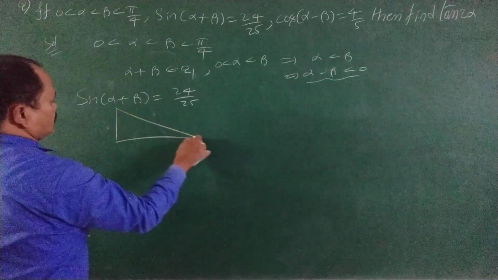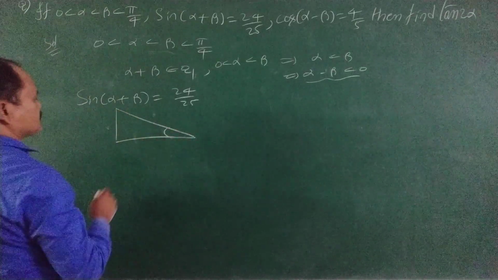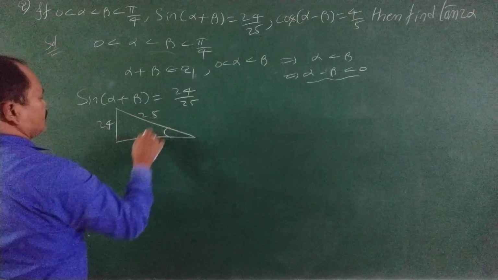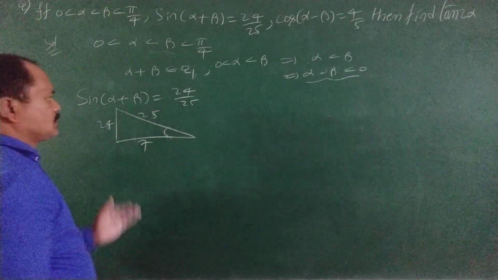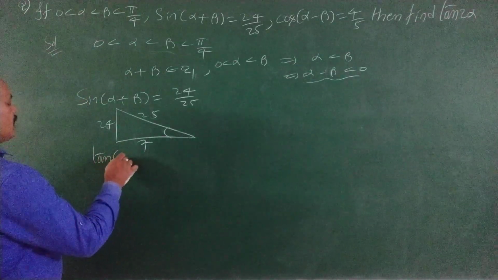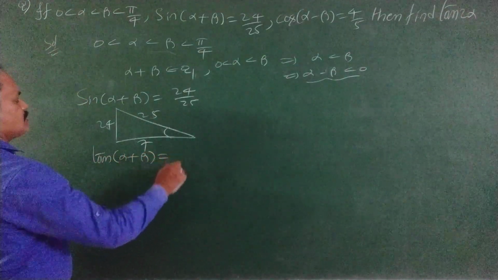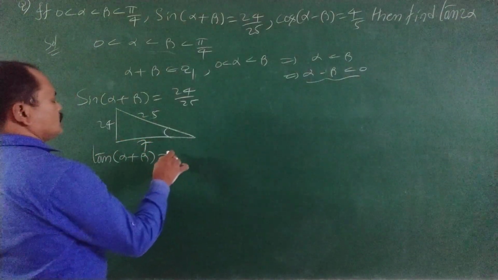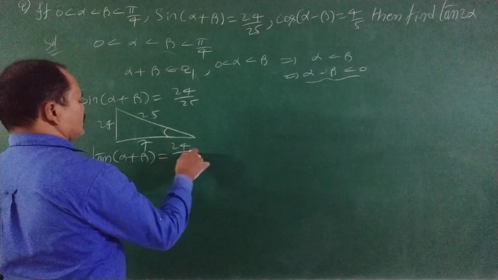Now we have to draw the diagram. Here this is 24, it is 25, then it is 7. That's why tan(alpha + beta) is equal to 24/7.